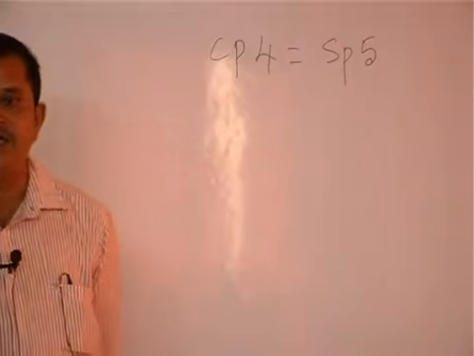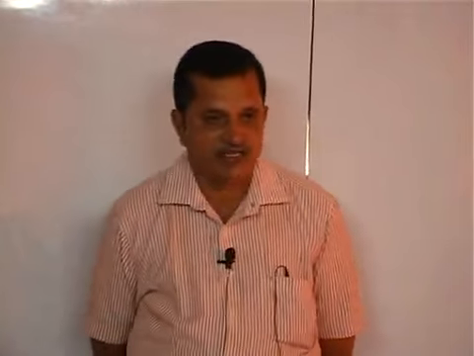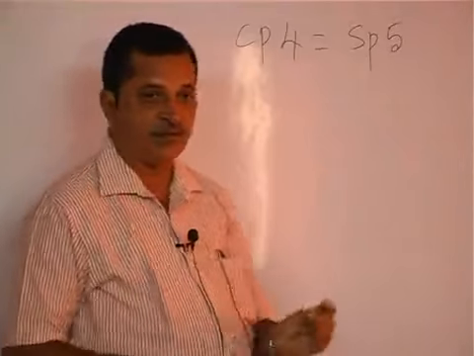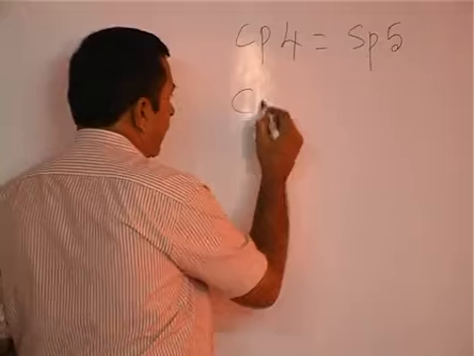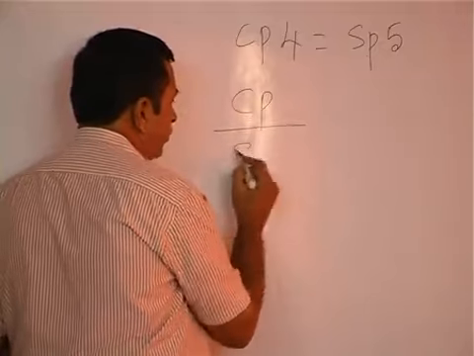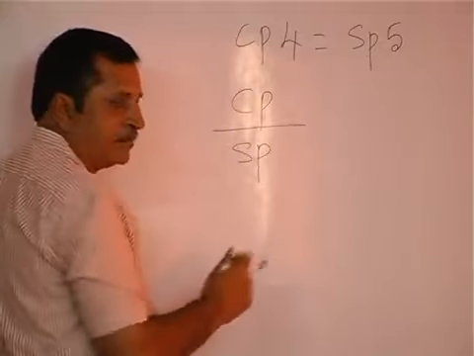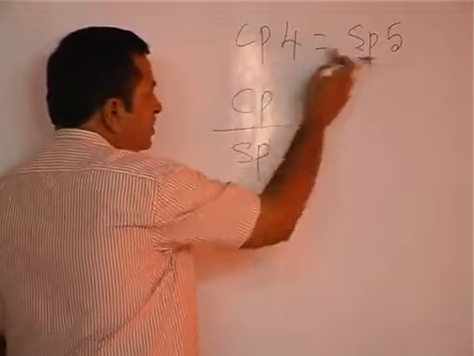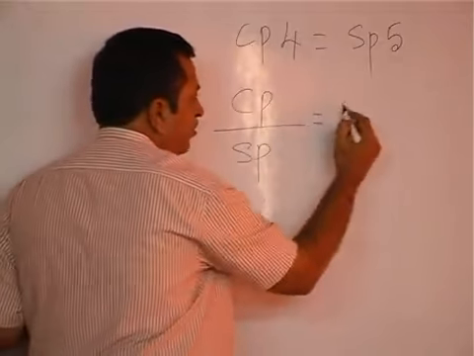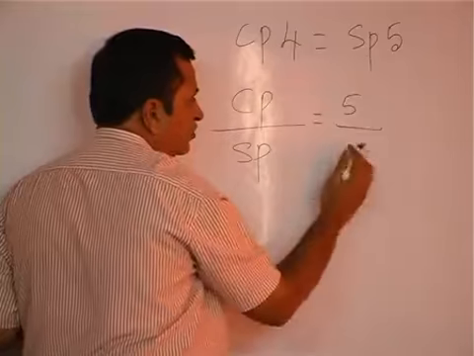Neither did he mention the cost price nor the selling price, but he is asking gain or loss percent. We don't know the cost price, we don't know the selling price. What we have to do is convert them into a ratio. Cost price, under this you bring the selling price. If cost price is 5, under this selling price is 4.